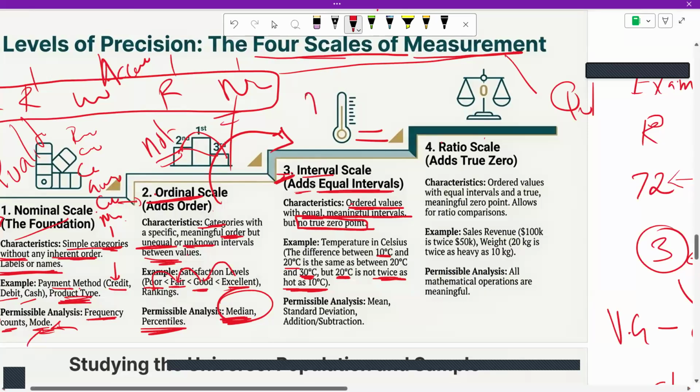In our field, in the business field, this kind of scale we very rarely use. Mean, standard deviation, addition, and subtraction, so we can use this kind of analysis.